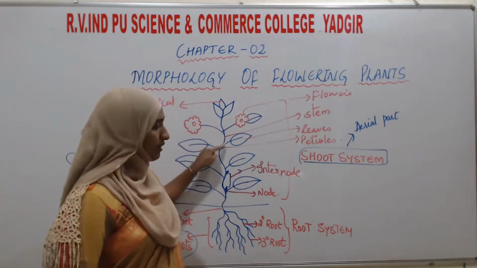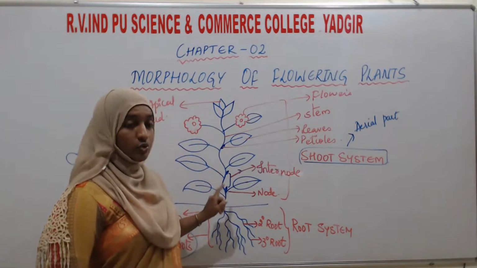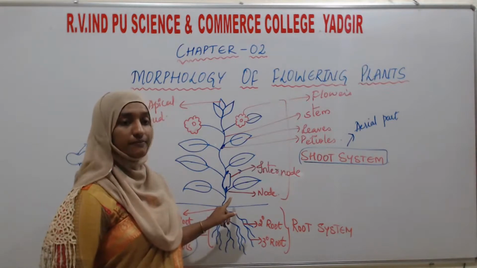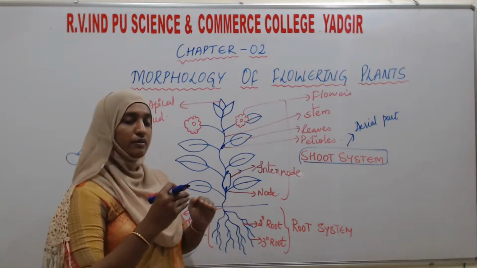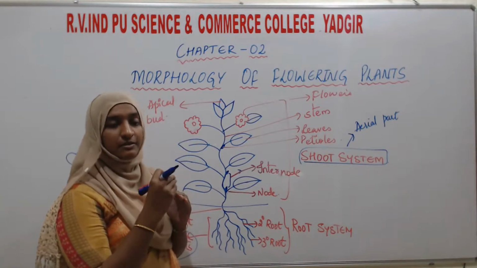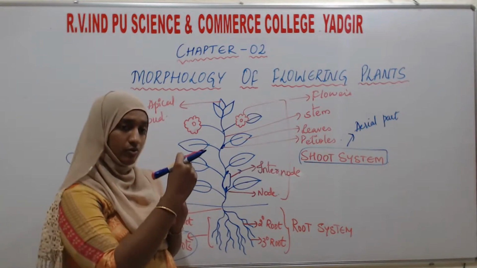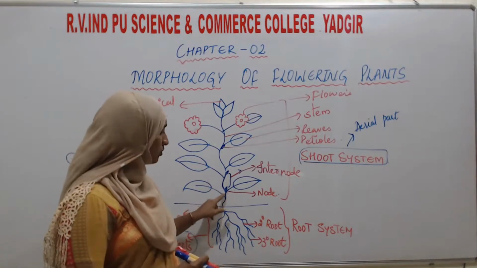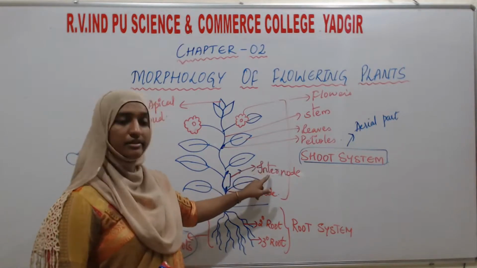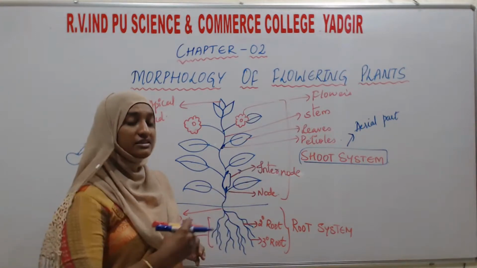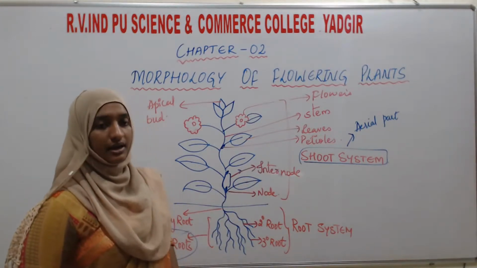This is known as the stem. On the stem, first of all, there are certain nodes. One node, then another node. Within a certain space, another node arises. Whatever the space in between these two nodes, that is known as the internode. From that node only, certain branches and leaves are going to arise.